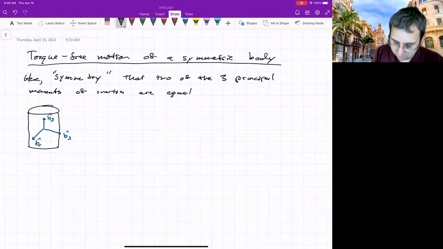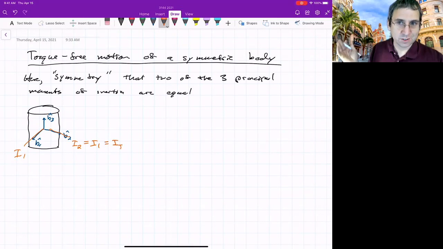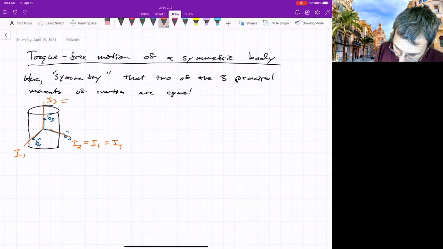In this case, the moment of inertia about, let's say this direction, we'd call it I1, and this is I2, but it's equal to I1. And so we call them both IT for transverse to the axis of symmetry. In this other direction, the moment of inertia is I3, and this is not equal to IT.